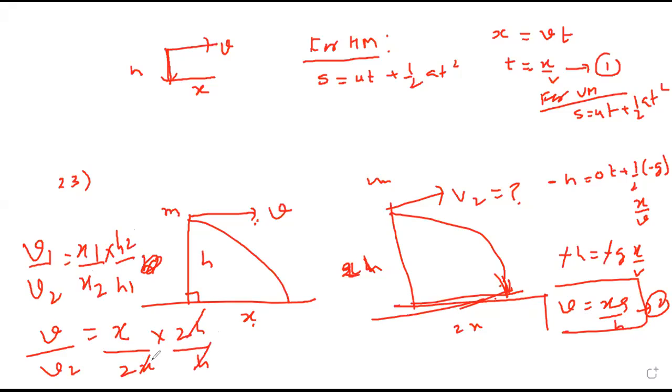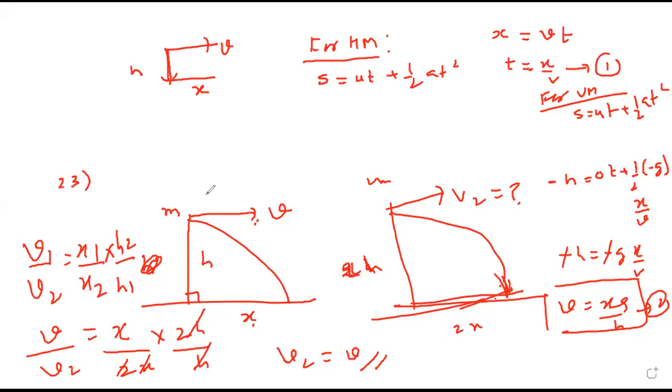This will get cancelled and we get the answer. Has everybody followed the 23rd? Whenever there is projectile motion, it should click in your mind that there are two motions, horizontal and vertical, and both are covered in the same time. So in whatever time it covers the horizontal distance, it will cover the vertical distance in the same time. That concept I have used and completed.